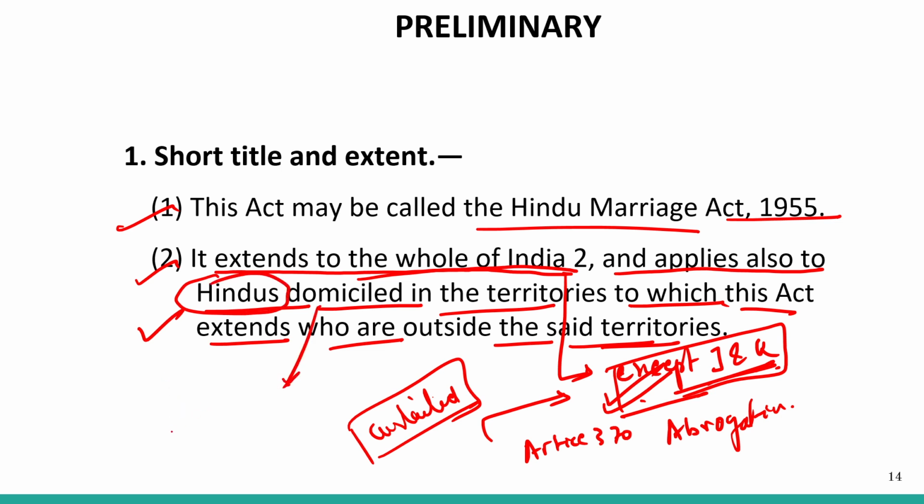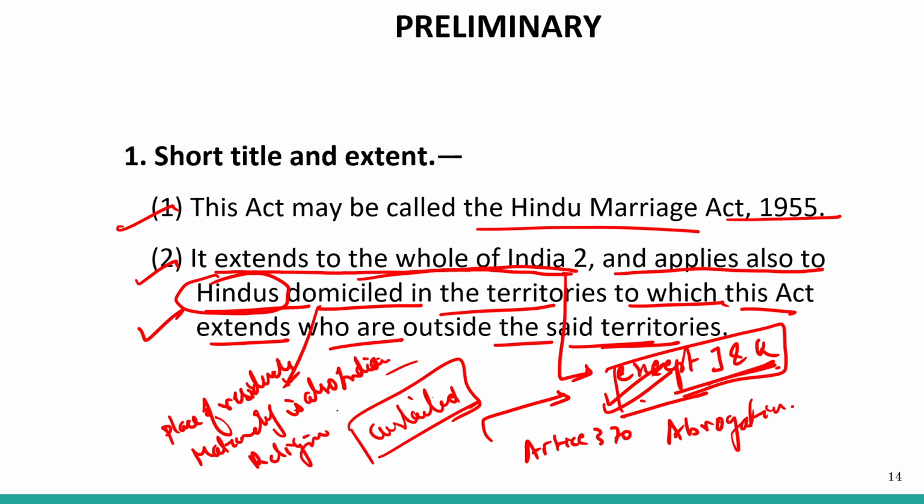Domicile means he has a place of residence and his nationality is also Indian. And by religion, he is a Hindu. So if these three requisites are being fulfilled, that person will be considered as domiciled in the territories to which this Act extends, meaning throughout India.